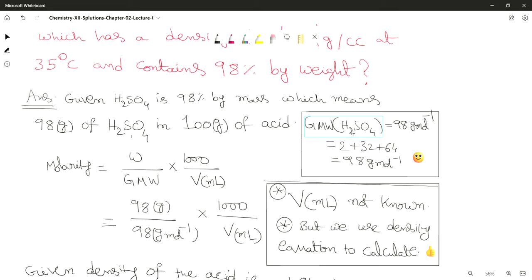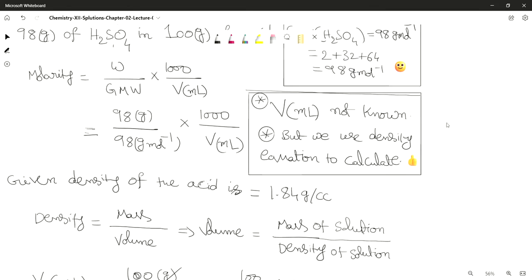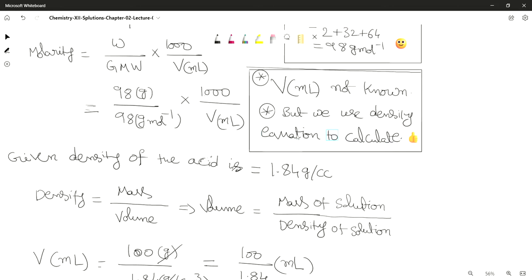Hydrogen is 2 gram per mole, sulfur is 32 gram per mole, and oxygen is 16 fours are 64, which works out to be 98 gram mole inverse. The molarity is weight by gram molecular weight into 1000 by V mL, and plugging in the numbers, you get 98 by 98 into 1000 by V mL.